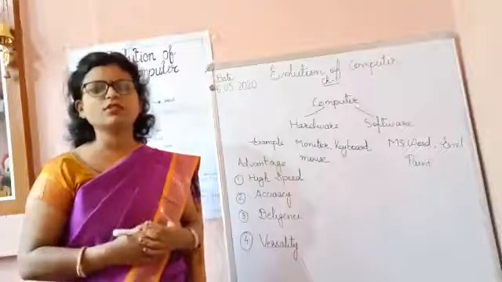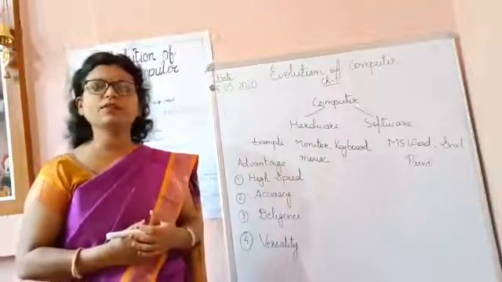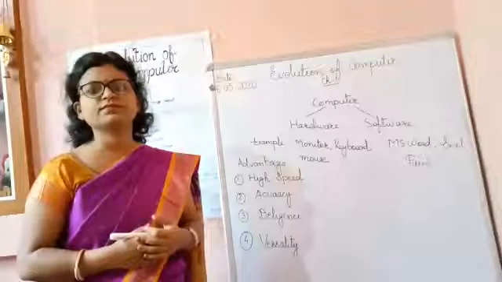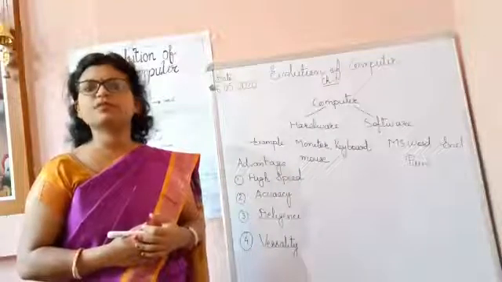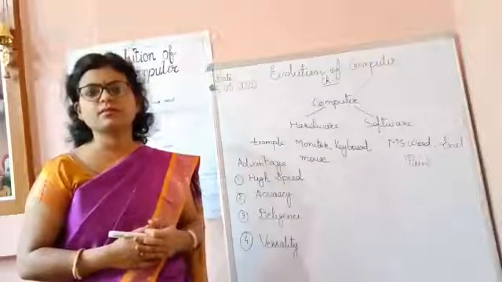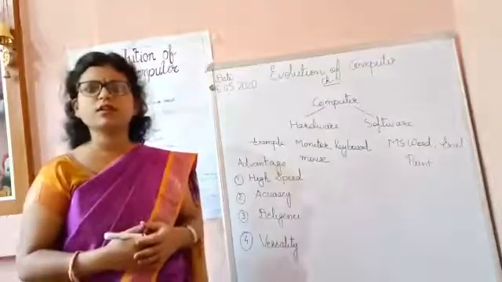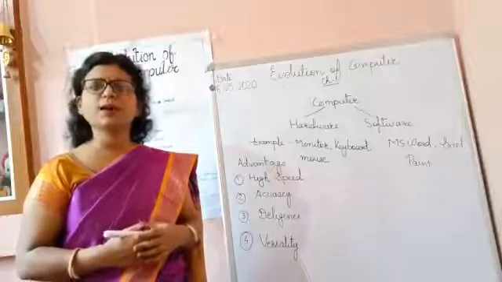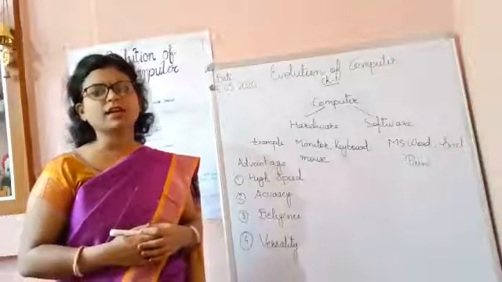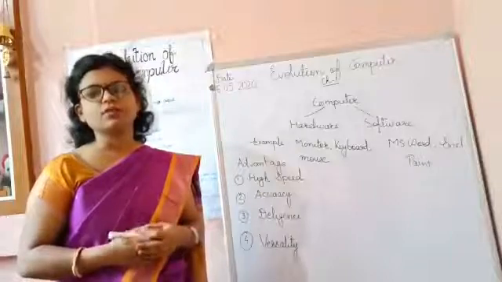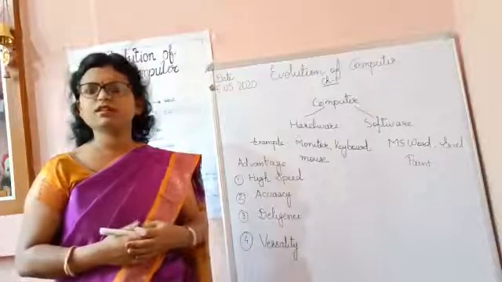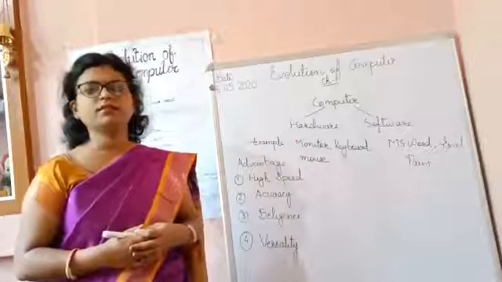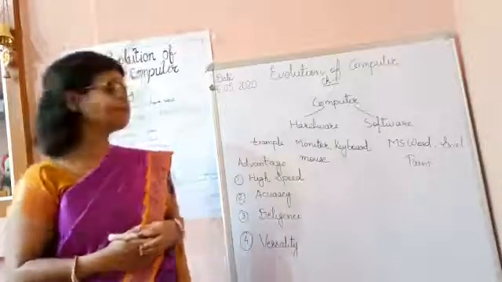We could not keep the computer in our room. That much heat absorption was there. That's why computer was large in size. But nowadays, computer is very small. We can keep it even in our pocket, and we can carry our laptops or mobiles or any computer from one place to another in a very handy way.